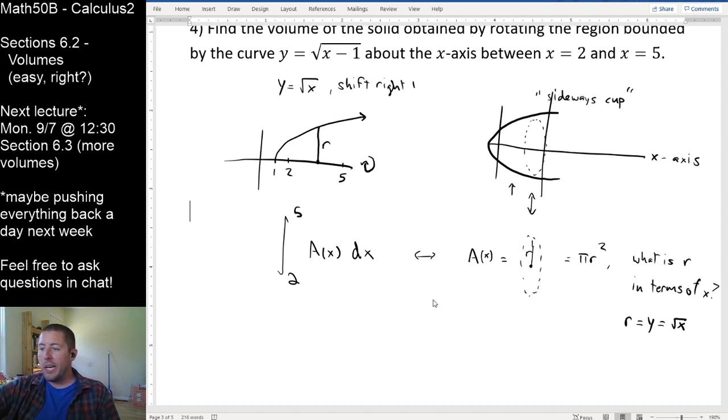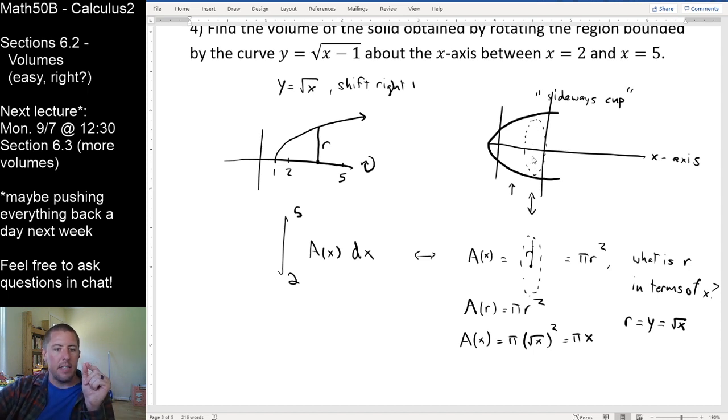So I feel pretty good then that if my area is pi r squared, then my area in terms of x should be pi times square root of x squared, which is really just pi x, right? So the area of each of my representative disks right here is pi x. Dx is the thickness of it.